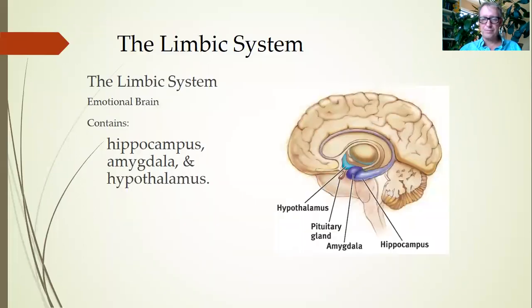Okay, I'm going to talk briefly about some of these structures we've talked about. The limbic system is our emotional brain. So this is what Phineas Gage, when he had his accident, that's all he was operating on. And that involves the hypothalamus, which we just talked about, the amygdala, but also the hippocampus. And the hippocampus is our memory transfer station. It compares what we're going through now to things we've lived through in the past and allows us to store away new memories.